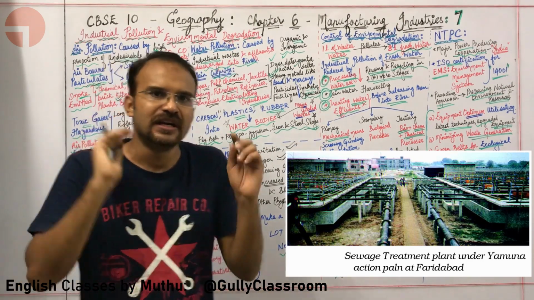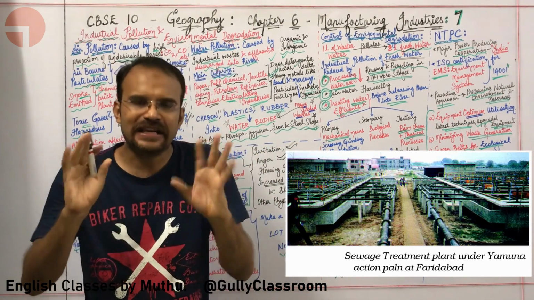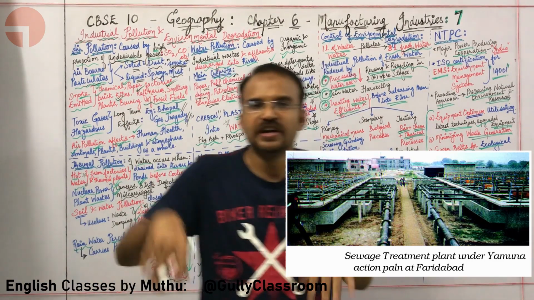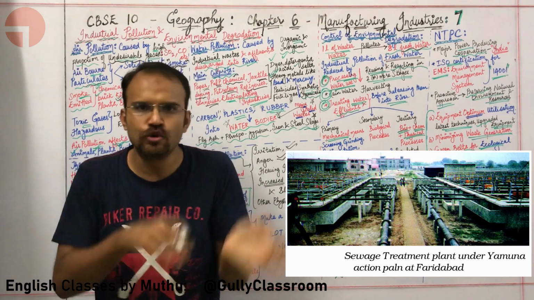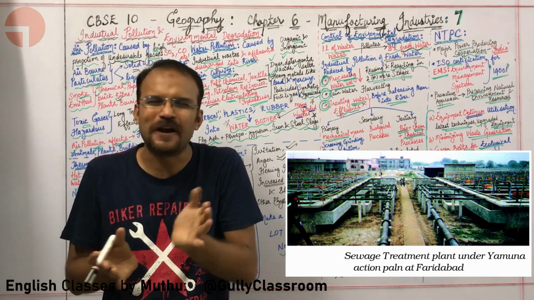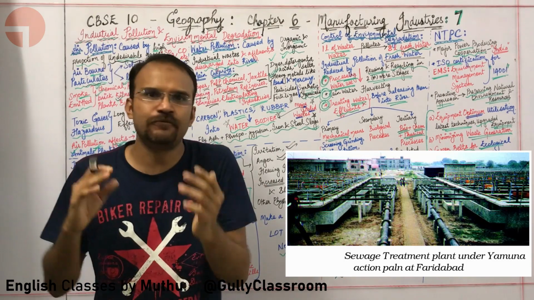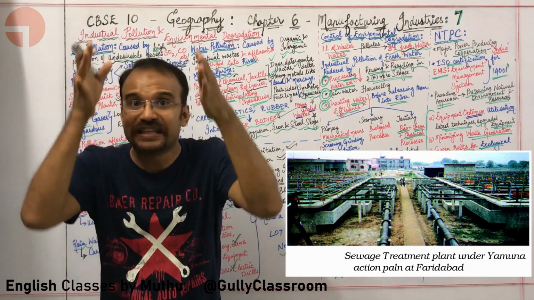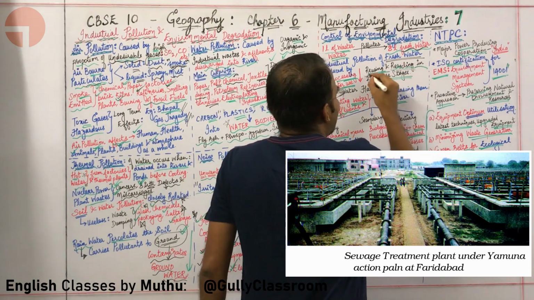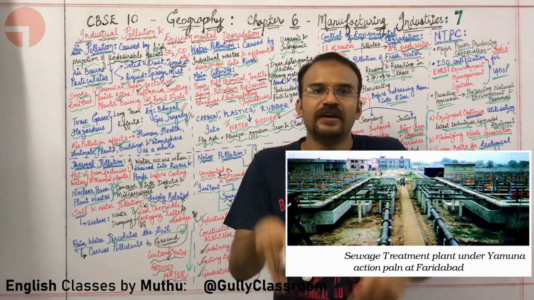Okay, how, sir? Give me an example. Let us say in a manufacturing industry there are three steps. In the first step, let us say I am using some 30 liters of water. The 30 liters of water can be recycled and reused in the second step.